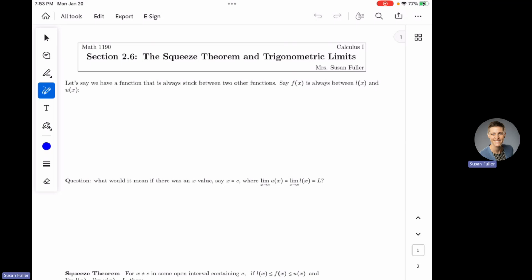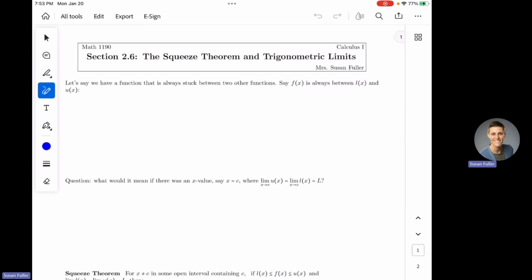So section 2.6, we're going to start with the squeeze theorem, and then we're going to go into some special trigonometric limits. So the squeeze theorem is something that applies in a very specific situation. So we are going to have a function that is always stuck between two other functions.